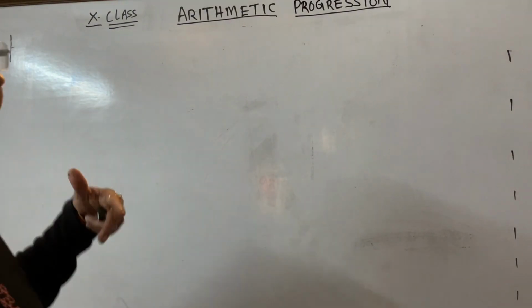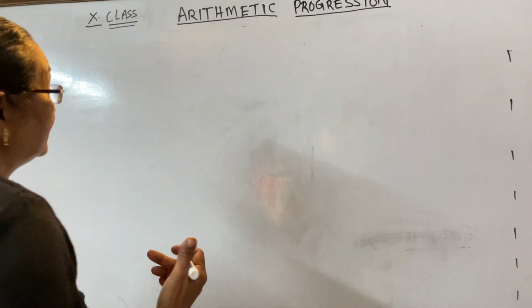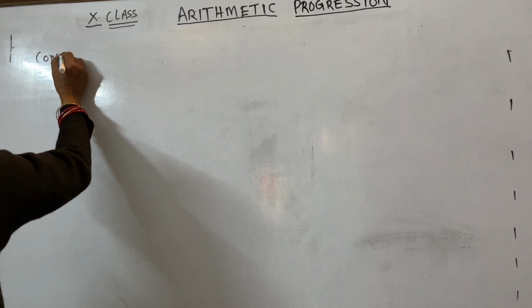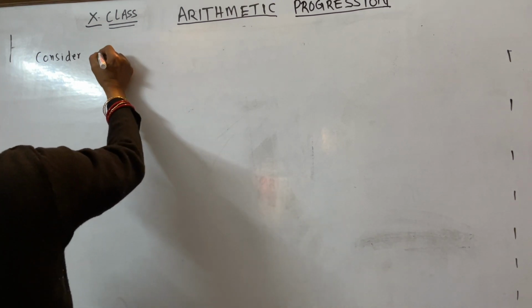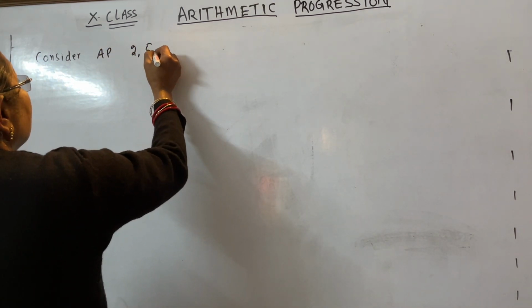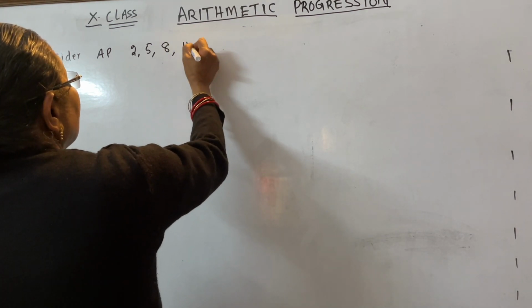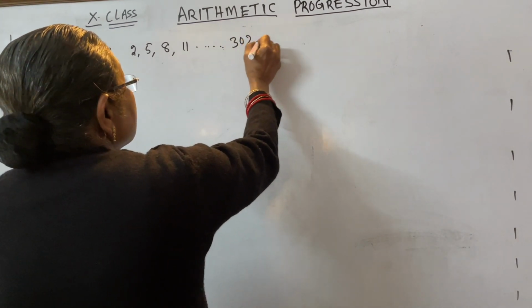This is the same type, but a little bit tricky. What is it saying? We have to prove it. Consider the AP 2, 5, 8, 11, ..., 302.